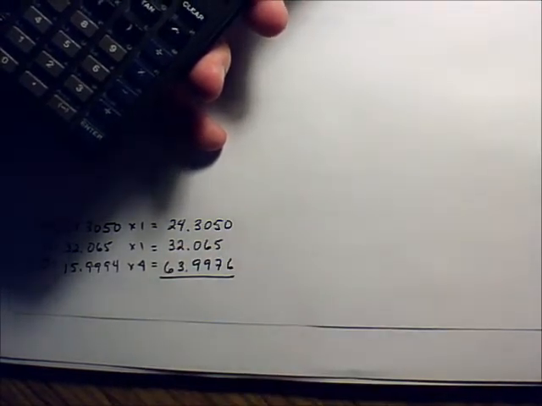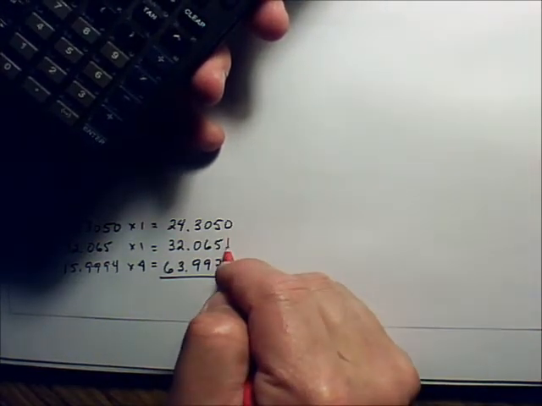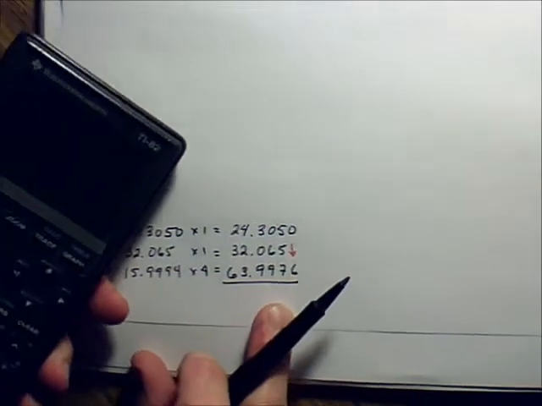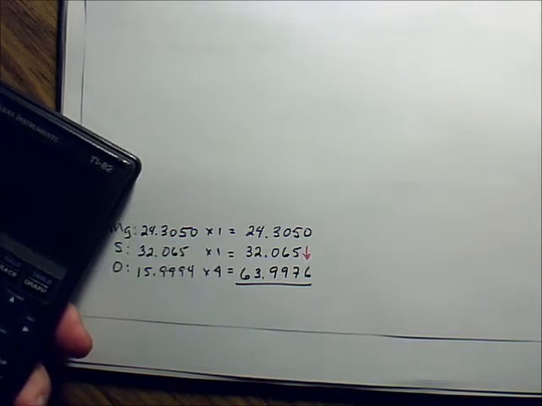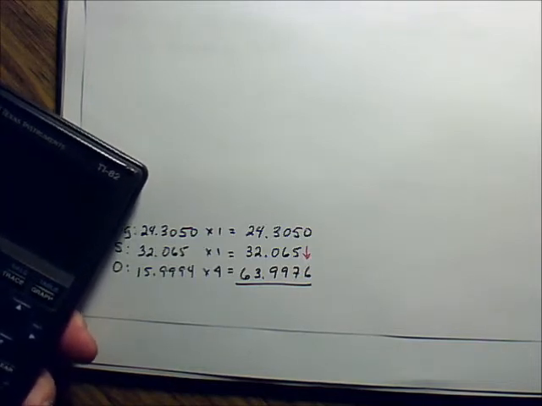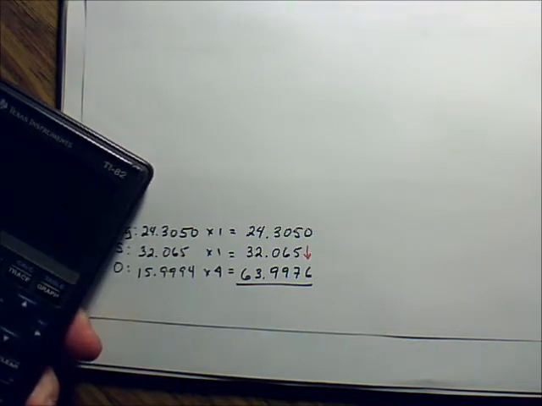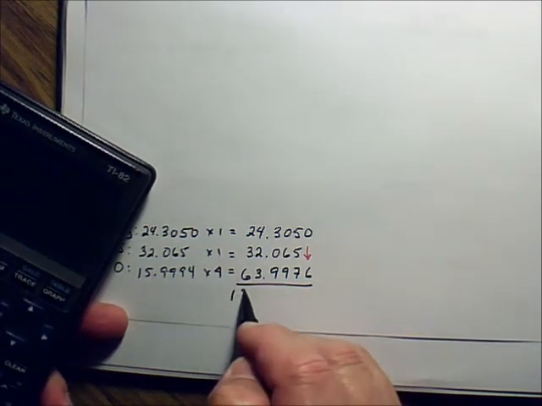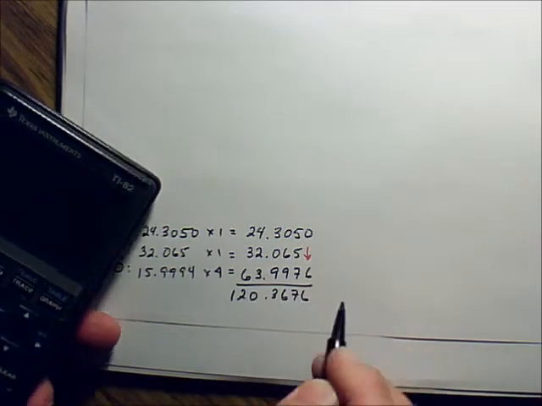Okay, and you can see then you've got 1 empty slot right here. That's why we want to keep all of our digits lined up nice and neat. And then we're going to add all these numbers together. So 63.9976 plus 24.3050 plus 32.065, and you get 120.3676.